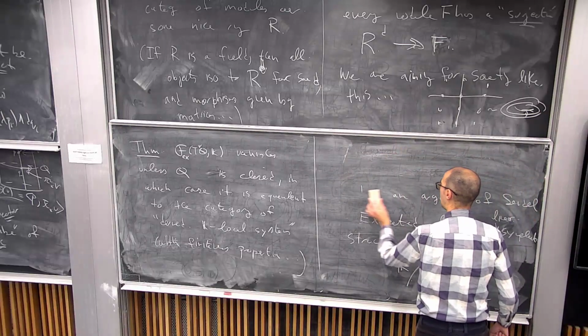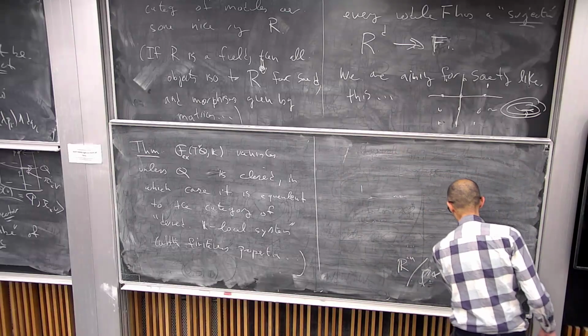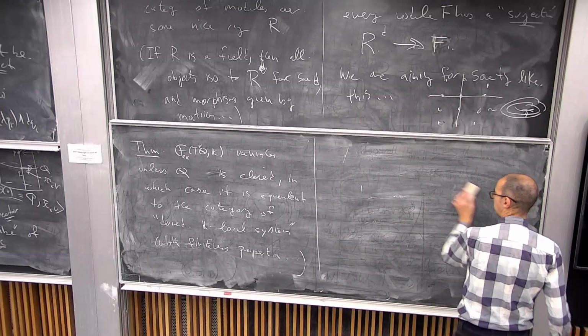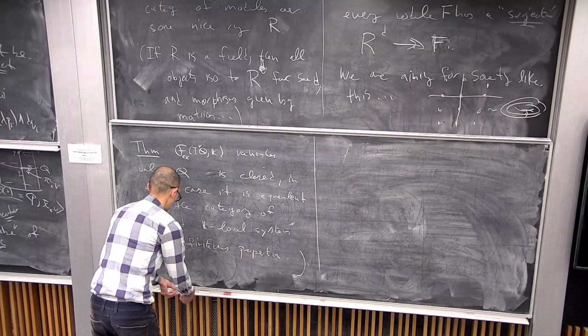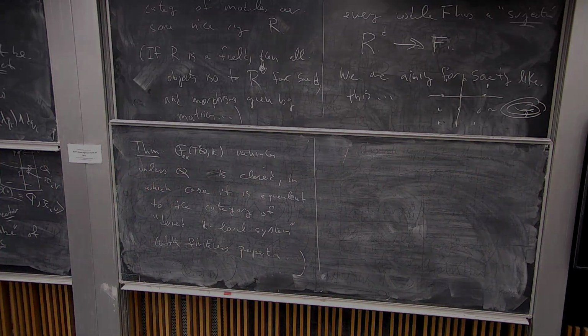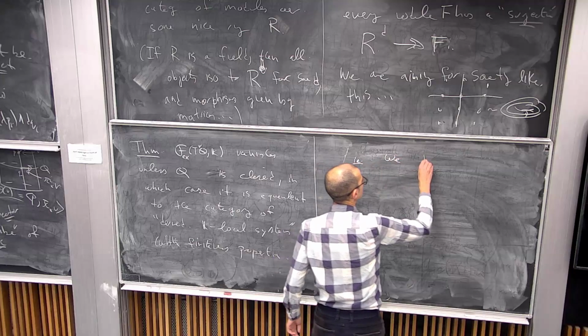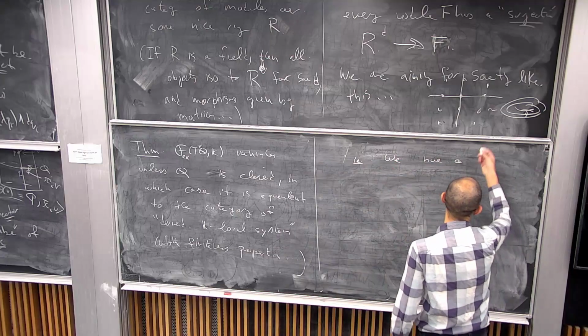What do I mean by derived local system? Well, I mean something like, I think we understand what the local systems are, i.e. a vector space, well, K module.